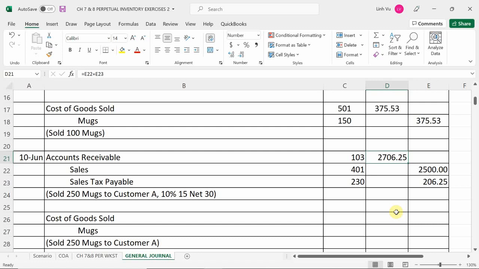But we also have to give back a portion of the money because we already charged them sales tax. So we have to refund the sales tax because we're taking a discount off the selling price. So the amount that she owes me is $2,706.25.